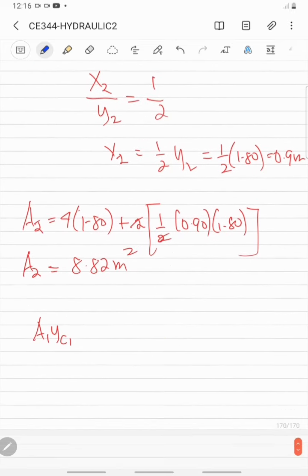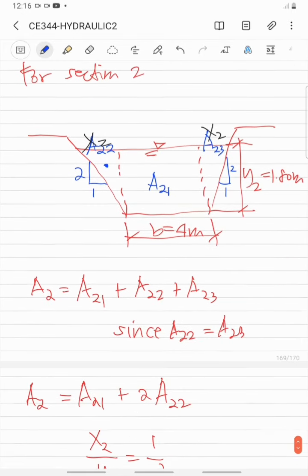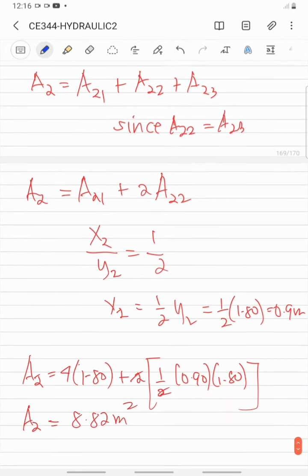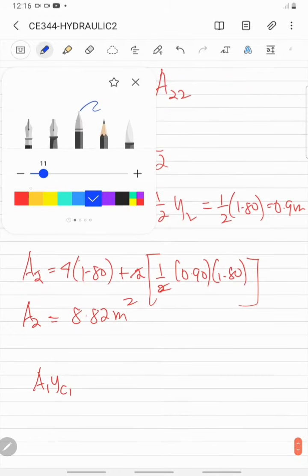Area 1 is 5.52. So we can write this one.